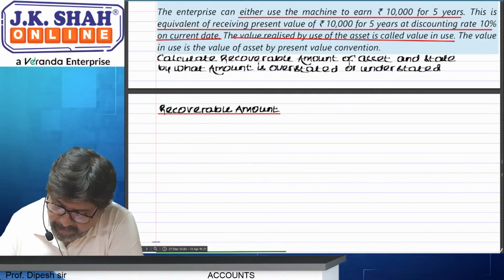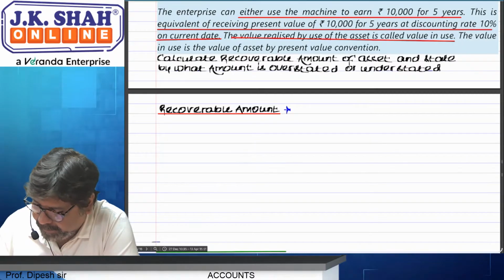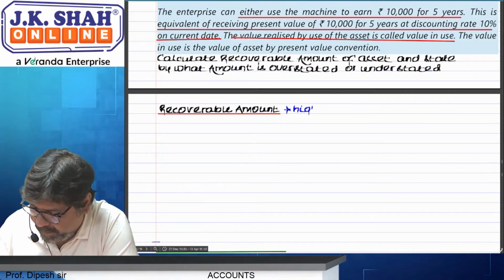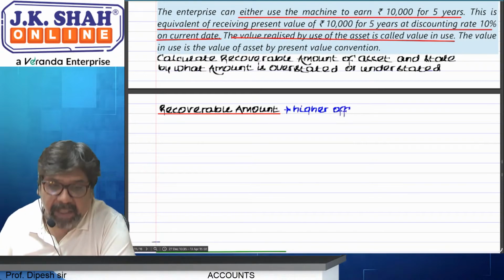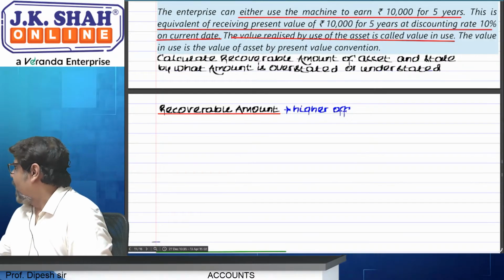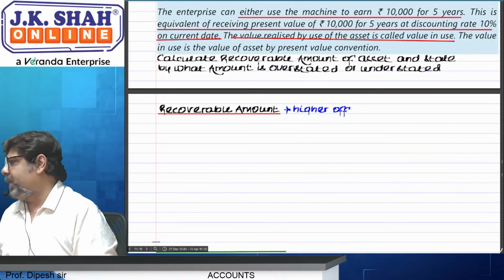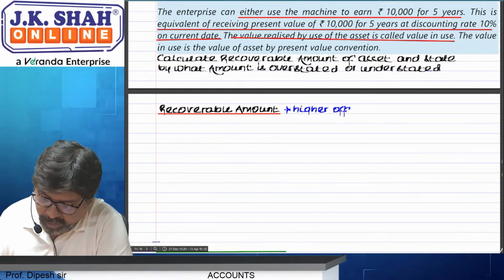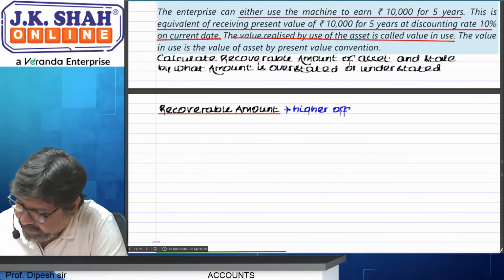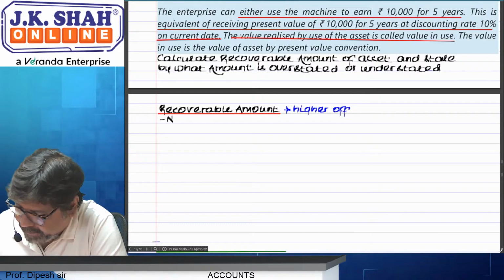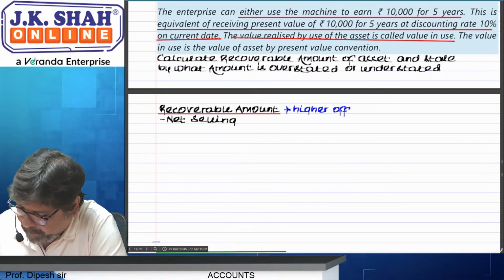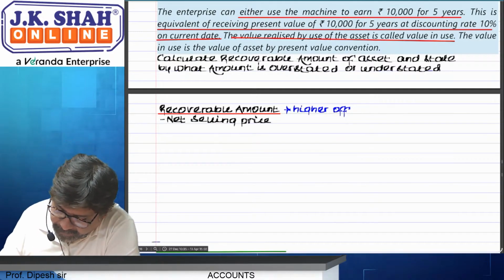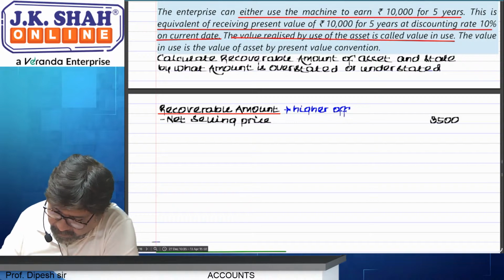Recoverable amount is equal to higher of. How will I recover the amount? Either by sell or by use. So, chartered, net selling price. Net selling price is how much? 35,000.